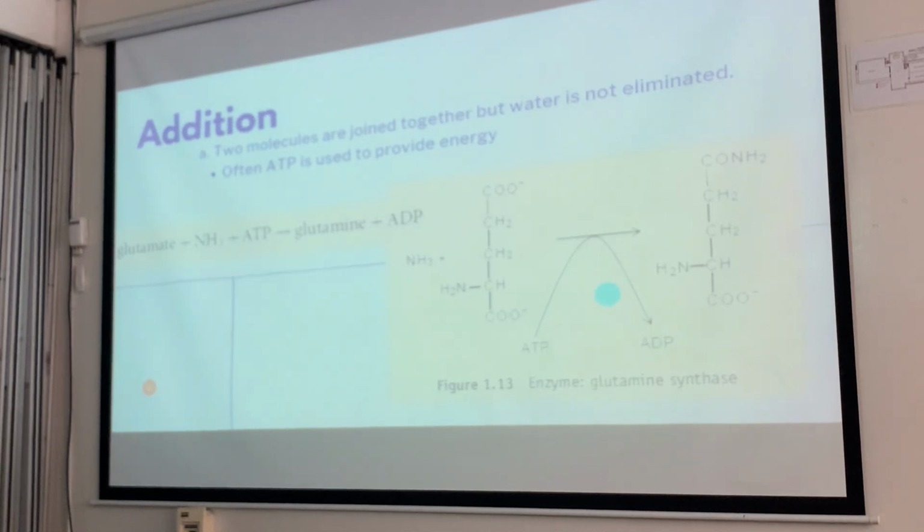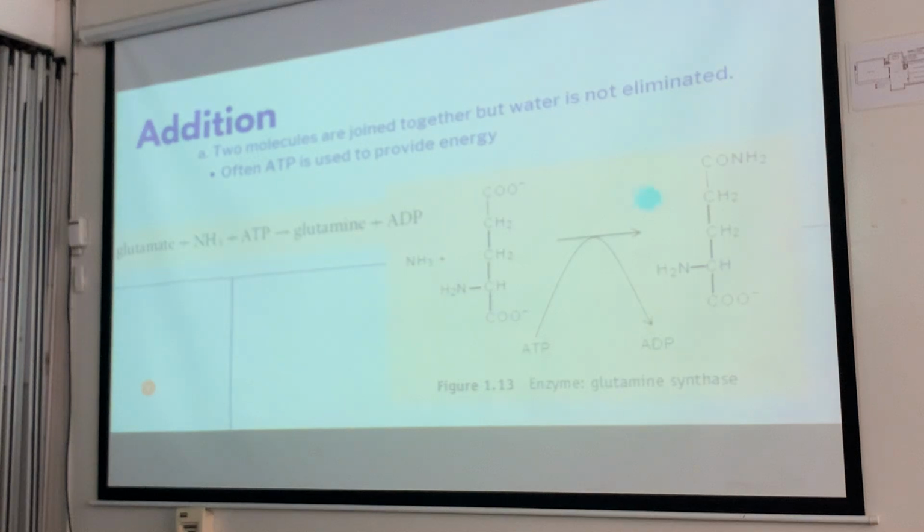Glutamine is also important in the brain to detoxify ammonia and regulate the neurotransmitter pools of glutamate and gamma-aminobutyric acid. So glutamine synthase is an important enzyme for this reaction. This one is an energy-requiring reaction because it needs ATP.